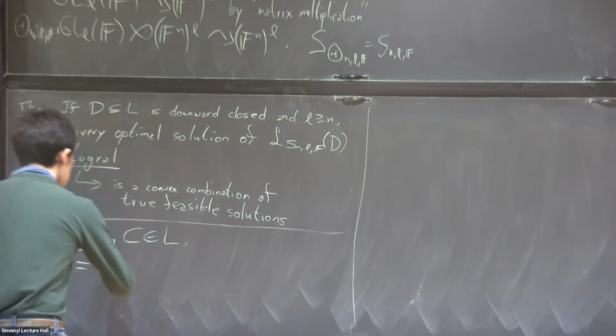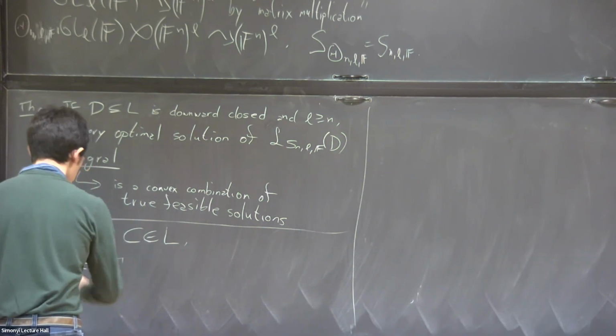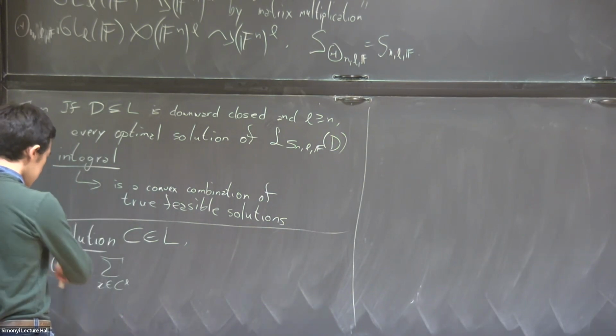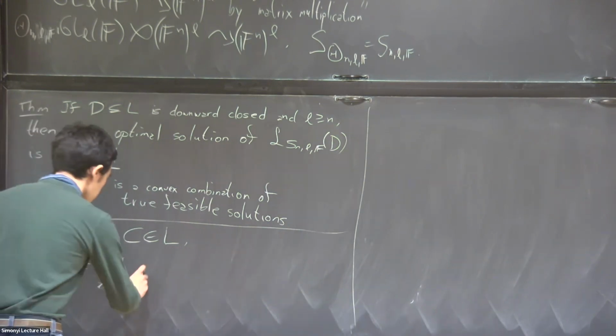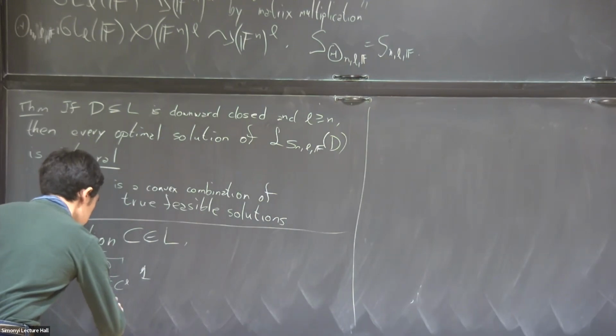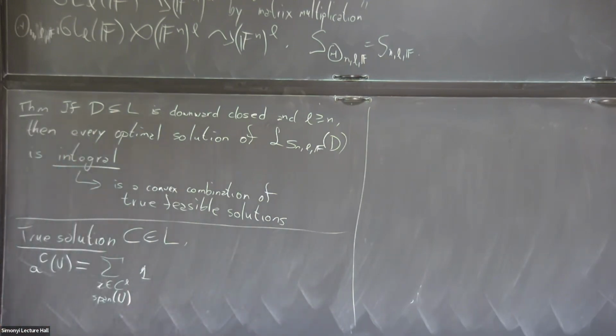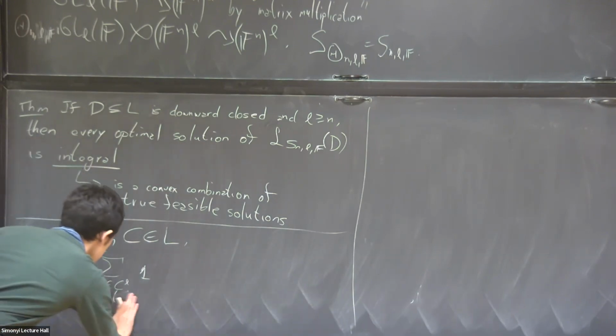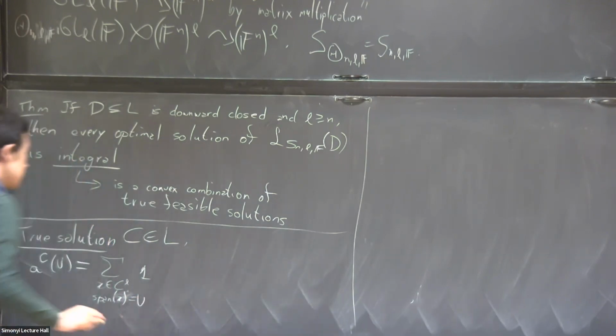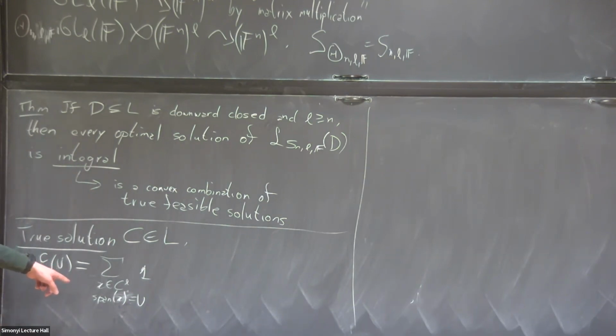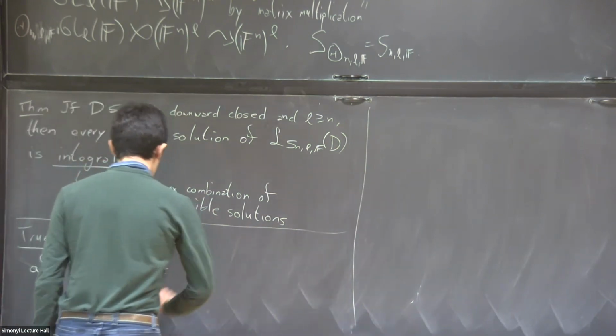So all that I have to do is sum over all code words in my code, which is C to the L, that span U. Sorry, span of X is equal to U. And this is very easy to see because X is the span of the configuration, or the span of the elements in the spectrum. It's an L-tuple of vectors, and you look at its span, and it needs to be exactly U, right? So what do you get?